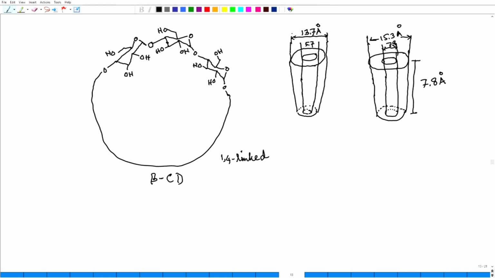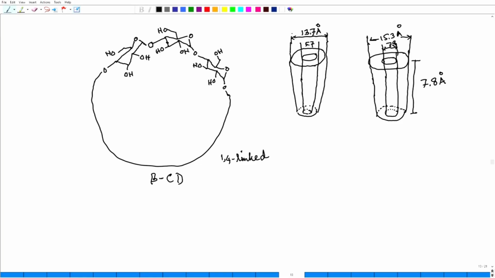Okay. So, maybe I make sure. All right. So, what happens? These molecules are cyclic and they are like a conical shape with open ended on both sides. What is this side? This side has the primary hydroxyl group, that is CH2OH groups, and here are OH groups, they are outside.